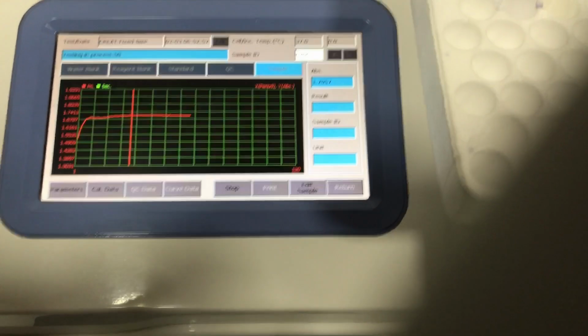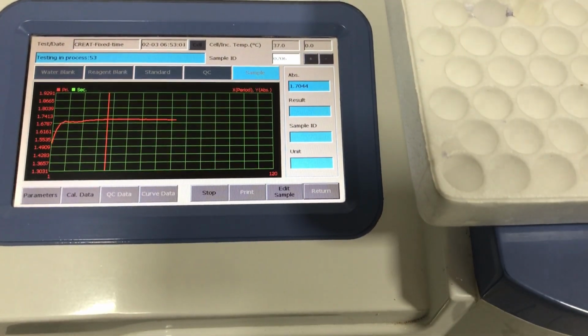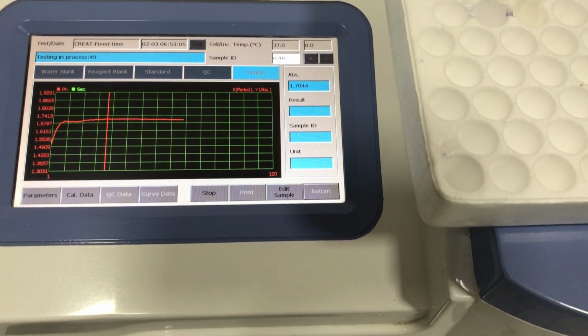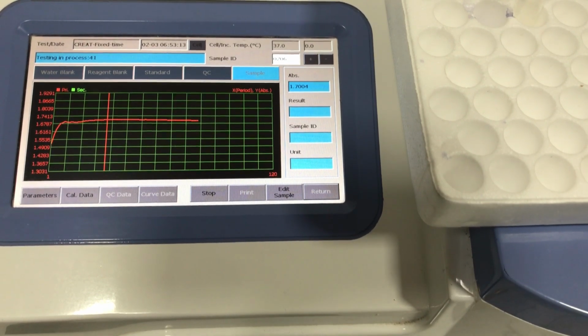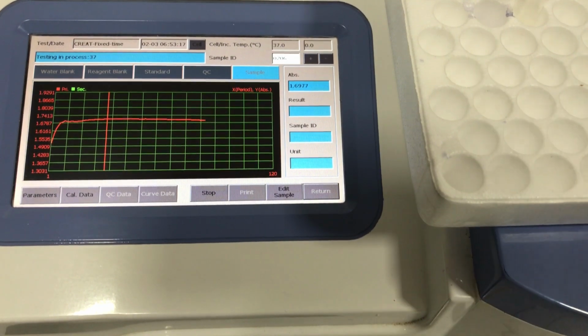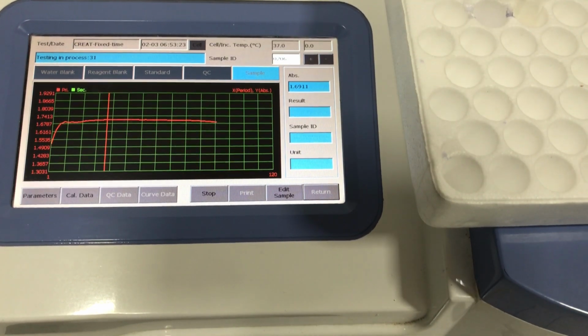Okay, so let's wait for it. So you wait for it to measure. After this, I'm going to show you how we use the other reagent to also measure the creatinine.